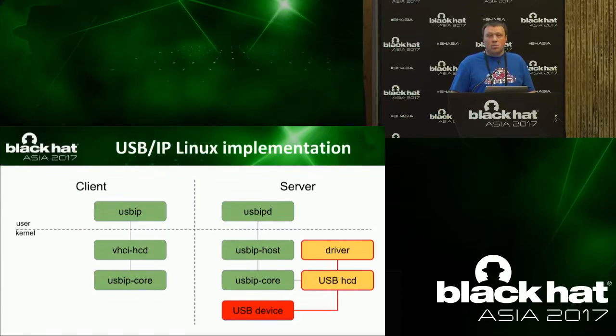So that's what happens when you plug in a device. Now at some point you want to expose this device over the network. So what you do is you instruct the USB IP daemon to send a command to the server's USB subsystem, a command to export the device, and what happens is that the USB subsystem detaches the real device driver and then begins to forward all the data to the USB IP host driver.